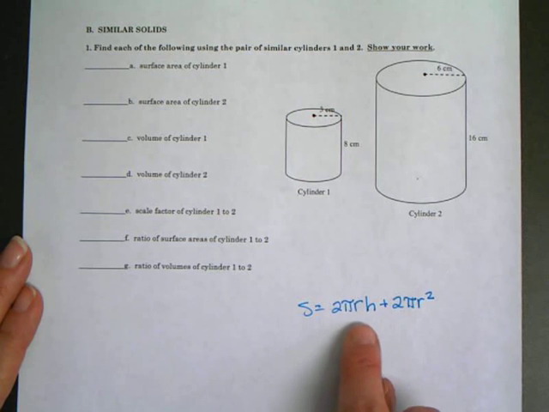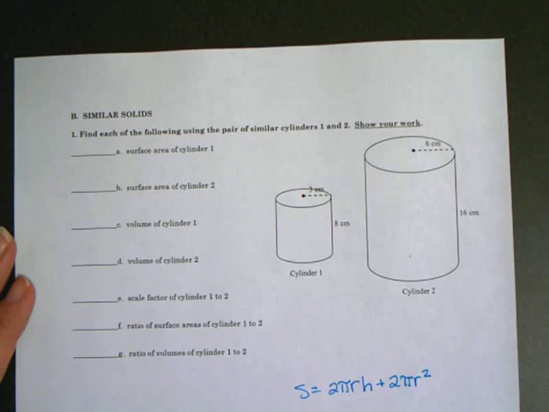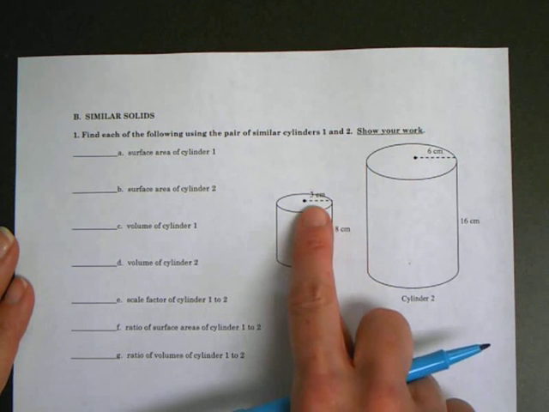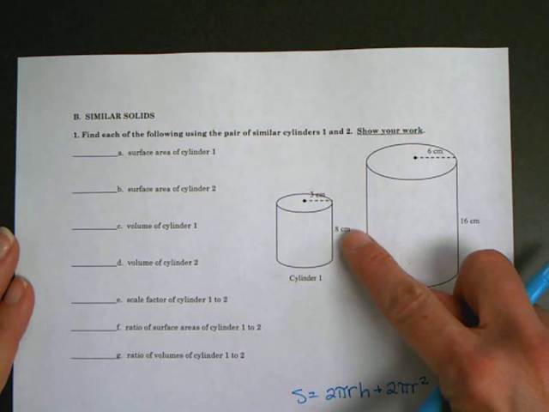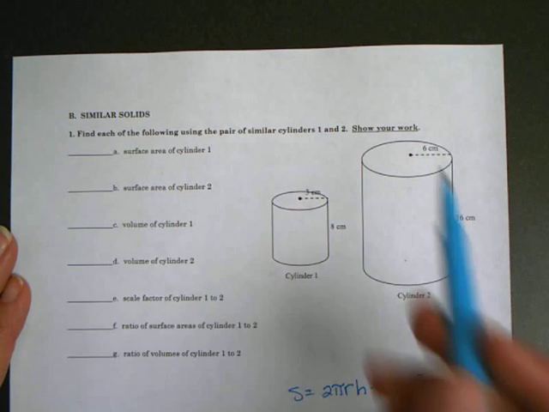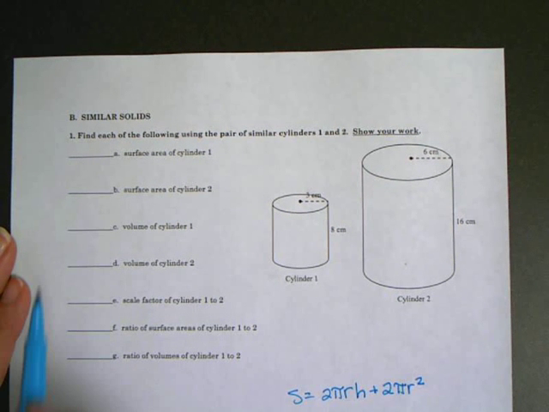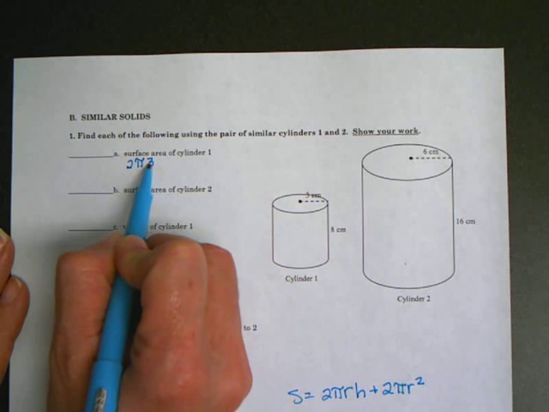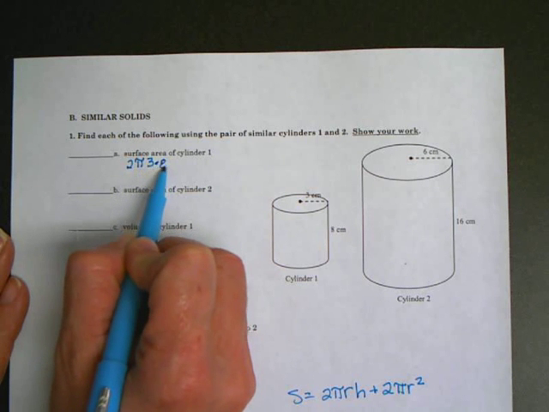I'm going to plug those numbers in, 3 for my radius, 8 for my height. So this would be for cylinder 1, 2 pi 3 8 plus 2 pi 3 squared.